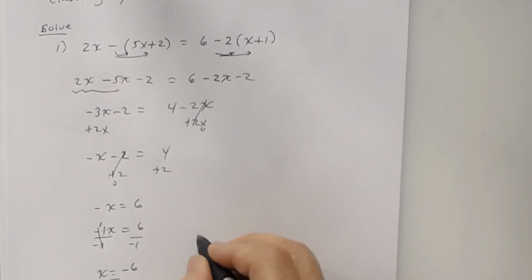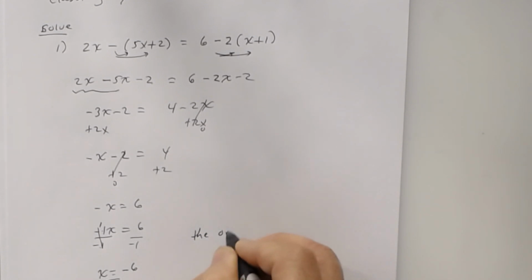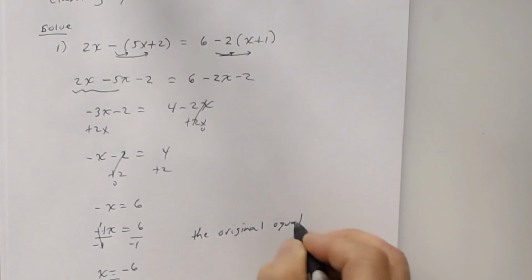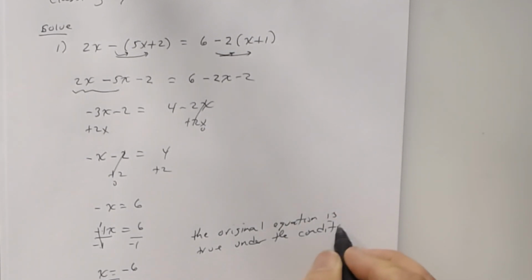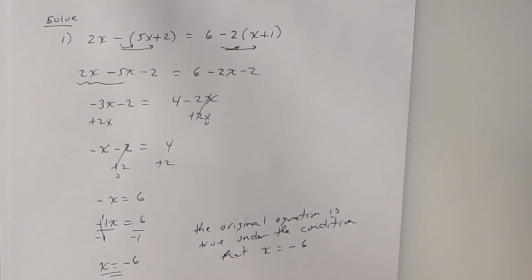So note that the original equation is true under the condition that x equals what? -6. Any other numbers, you're going to make it a false statement. It's true only when x is what? -6. Now notice in the statement I just wrote is the word condition.